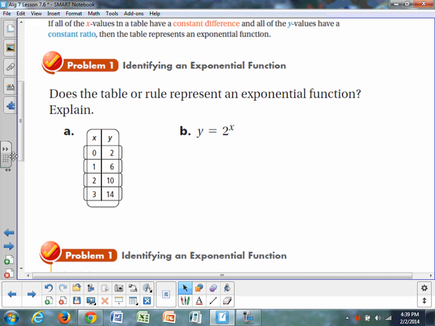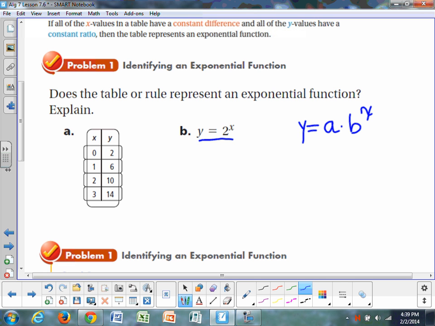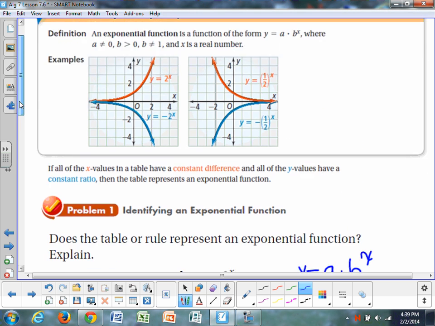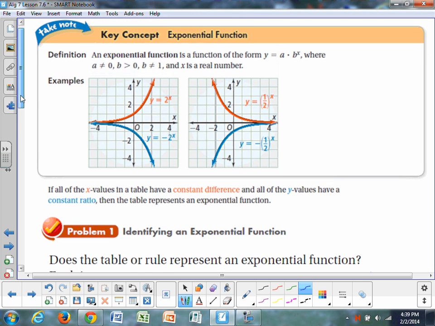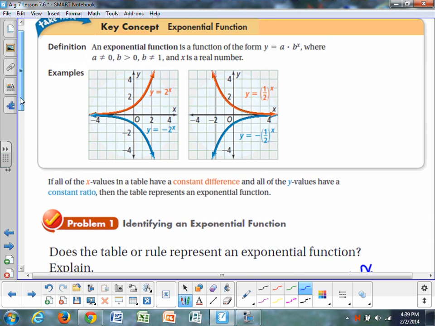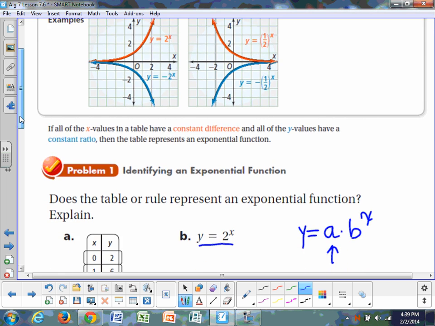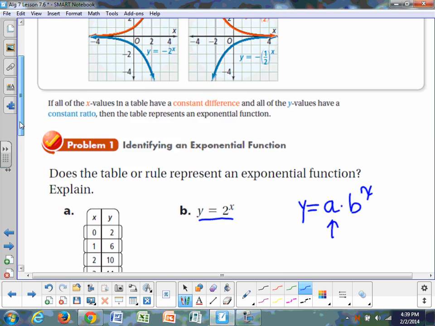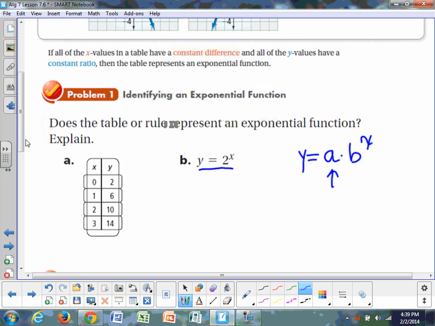All right, does the table or rule represent an exponential function? Let's do B first. If we can write it this way, where a is not equal to 0, b is greater than 0, and b is not equal to 1, and x is any real number, then it's exponential.